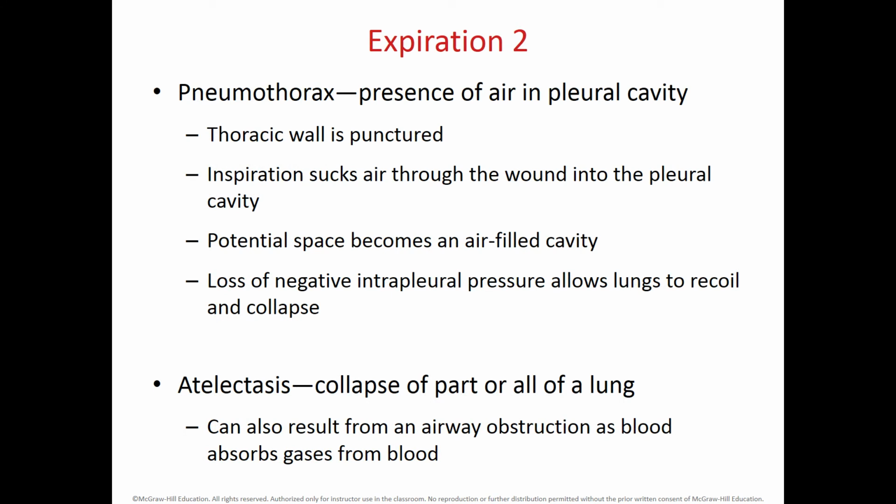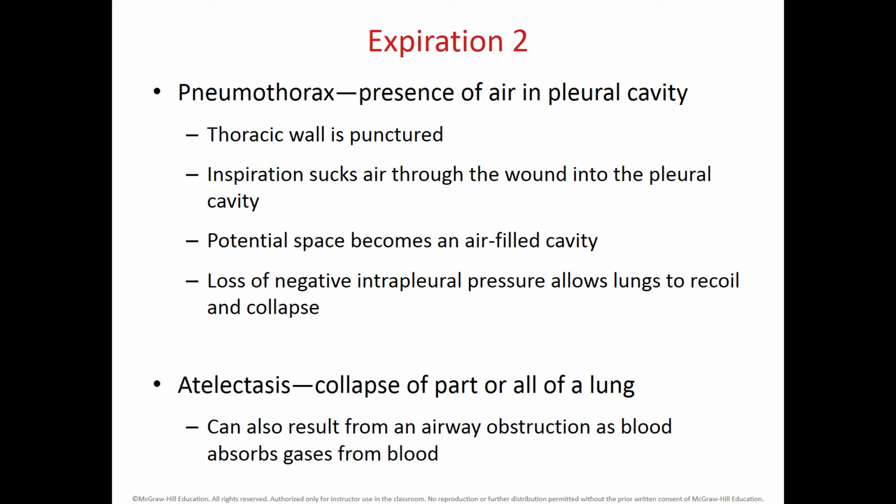Now, if someone has a rupture of the thoracic wall, like when someone has been stabbed, sometimes you can have opening of the alveoli into the pleural cavity. And this will allow the passage of air into the pleural cavity. So this is called pneumothorax.